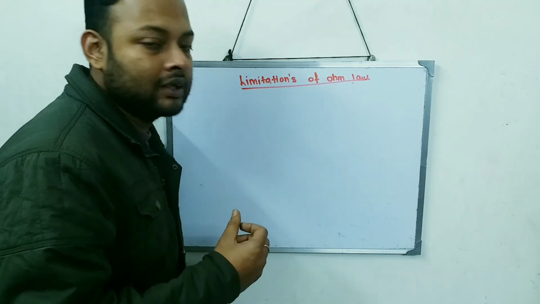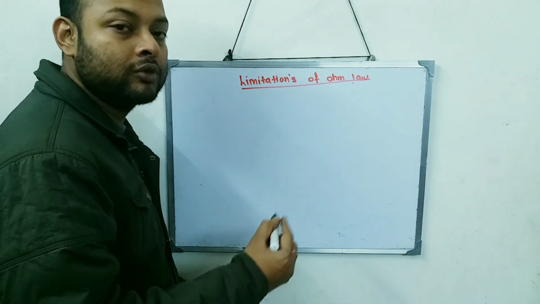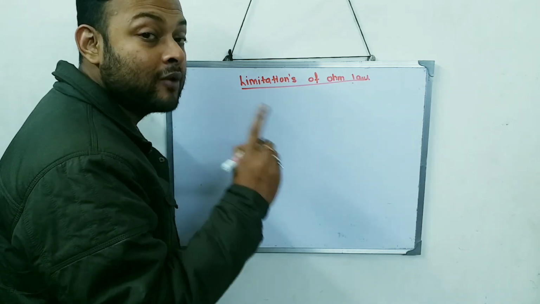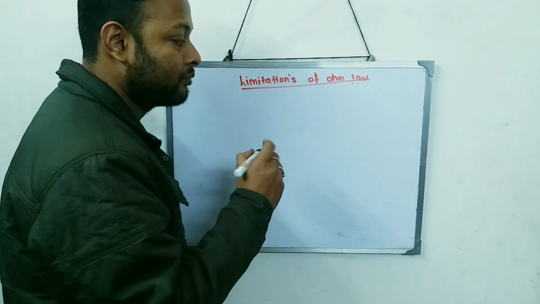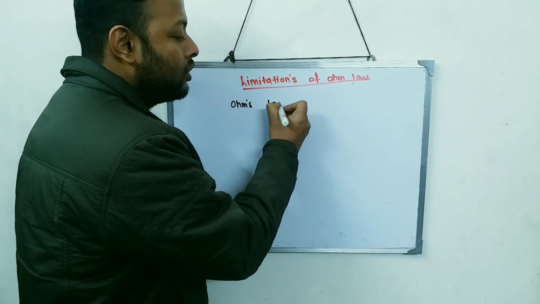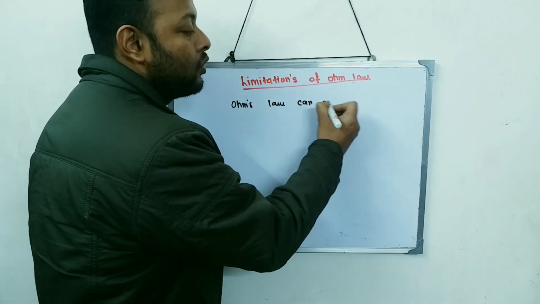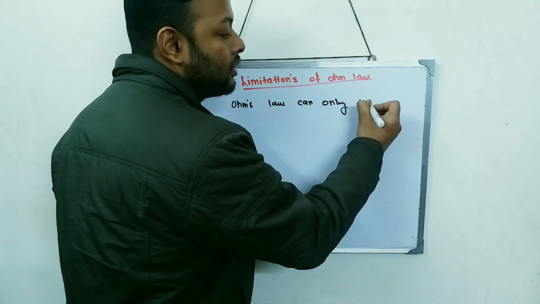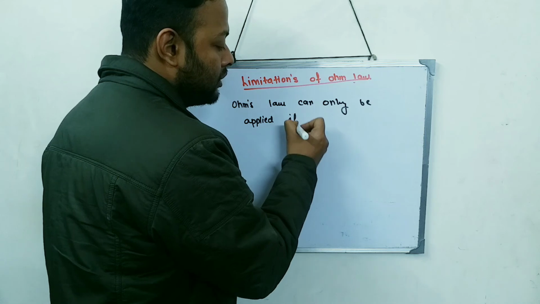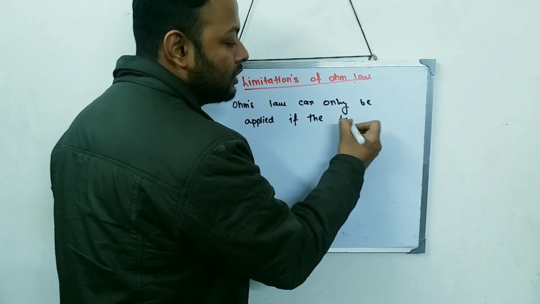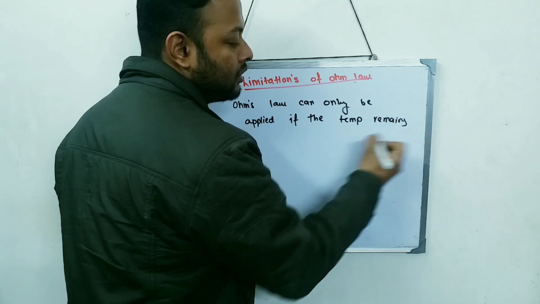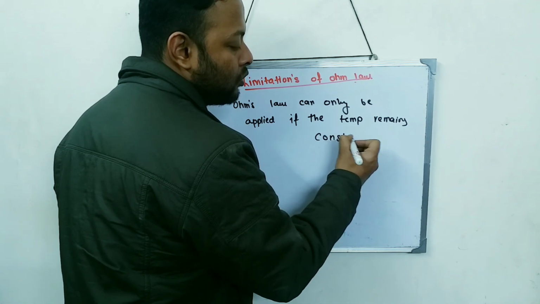So the only condition over here is that we can only apply Ohm's law in a conductor when the temperature remains constant.